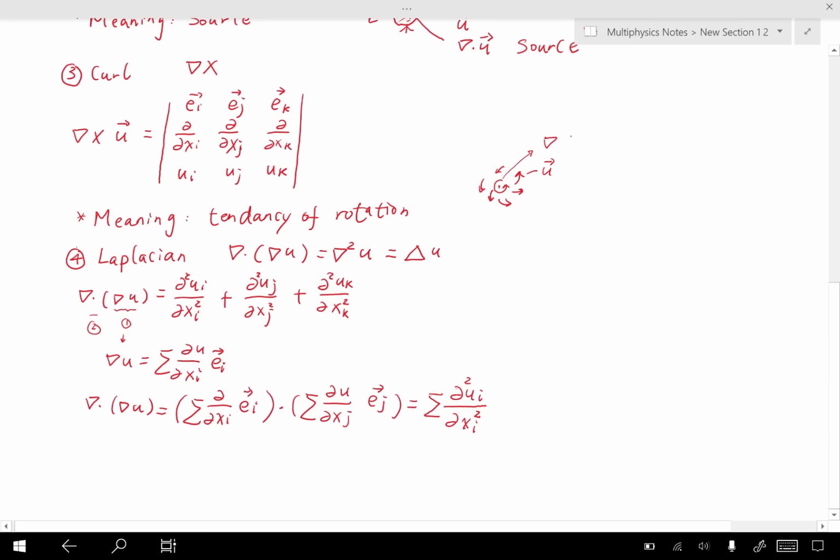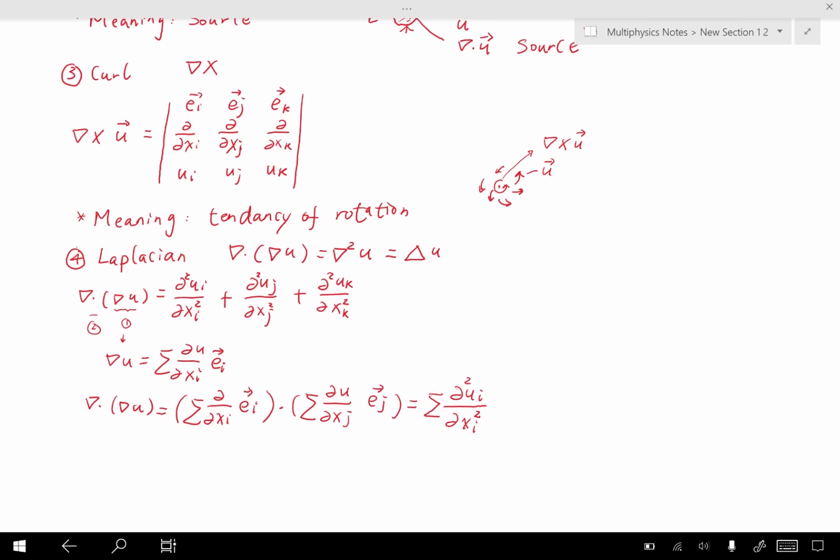So a curl of a vector will give us another vector. That is, if we do a curl of a vector field, we will get another vector field. And at every point, that vector field gives the tendency of rotation.